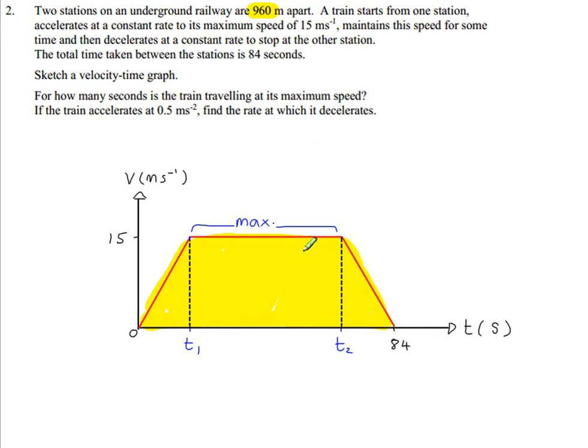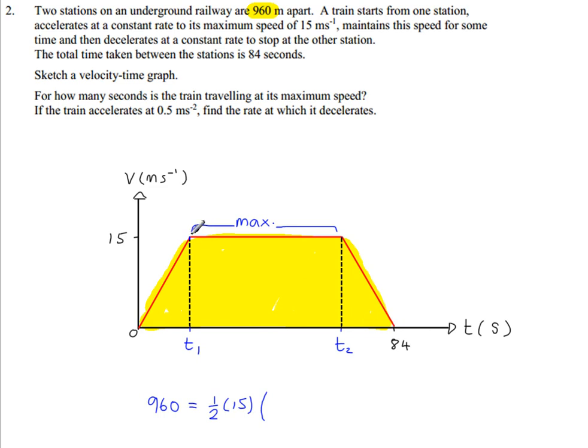This shape is a trapezium, so I can write down the area for this shape using the formula for the area of a trapezium. So the area is equal to half times 15 multiplied by, and now I have to add the lengths of the two parallel sides, these two sides.